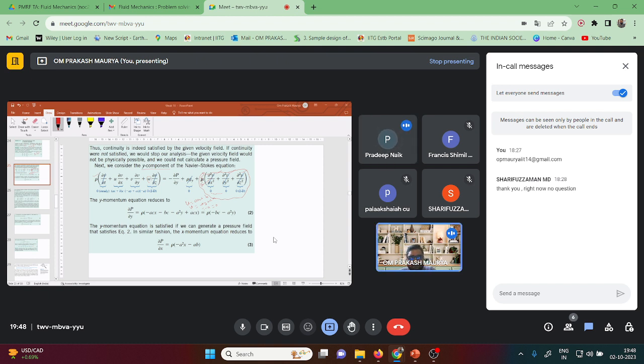Actually, your continuity equation, what was above, the assumption, your question is framed like that. If your velocity u was ax plus b, with something like ax square there, then your double differentiation would not be 0.